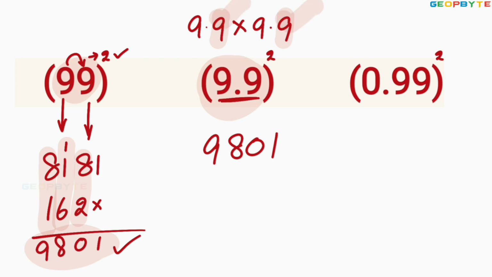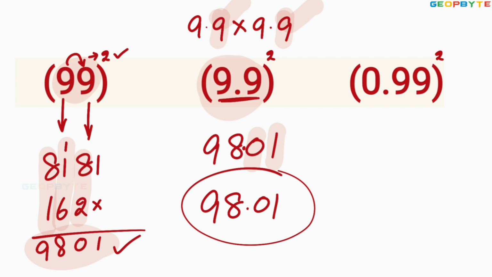You mark the decimal point after the 2 places. So 98.01 will be the value of 9.9 whole square.